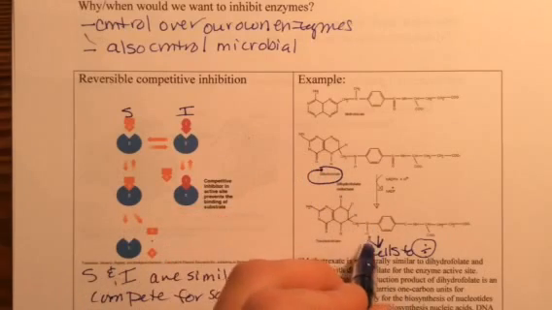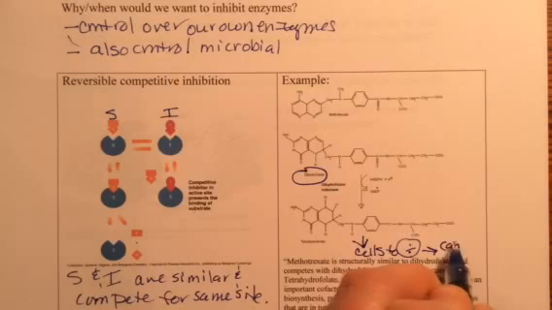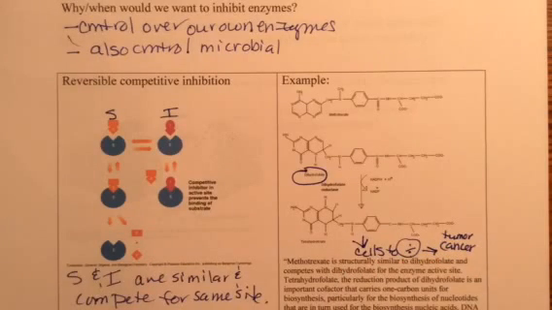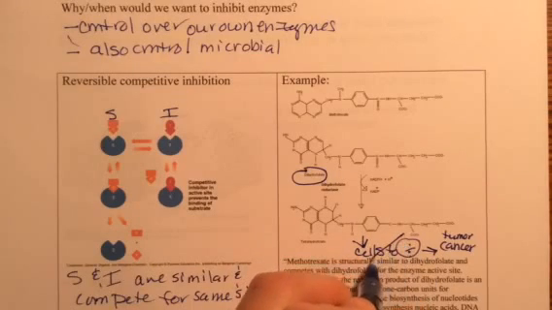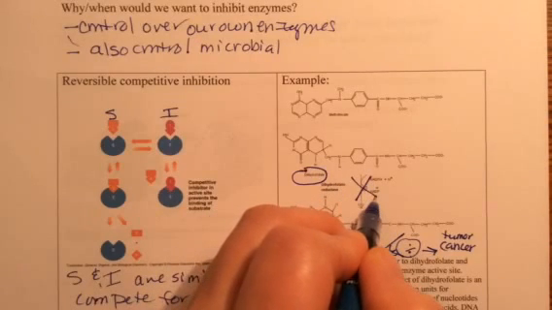Well, if you have this happening too much and you have a cancer or a tumor, one way to control the tumor is to stop cells from dividing too rapidly, which means stopping this process.